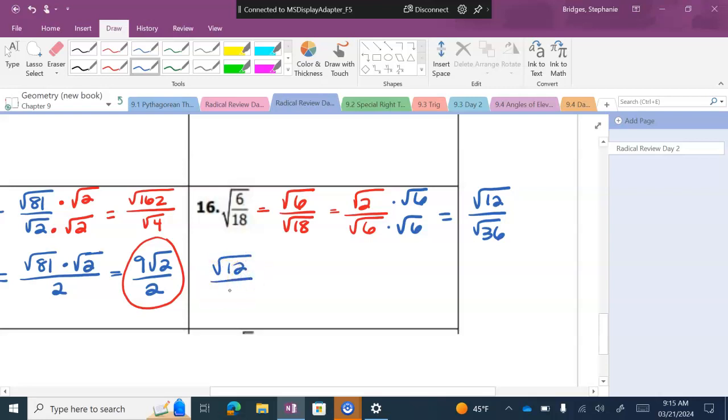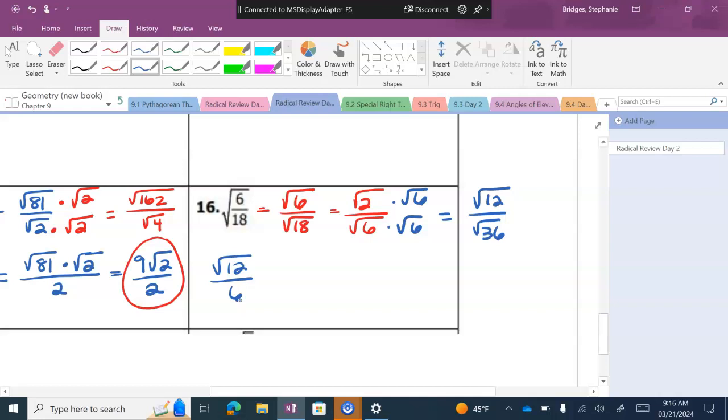What is the square root of 36? 6. Before I keep going, can I reduce that 12 and that 6? No. The 12 has a radical symbol. The 6 no longer has a radical, so they're not in the same place, so I cannot reduce. However, I still need to check the 12. Do any of my perfect squares divide into 12 that I could break it down a little further?